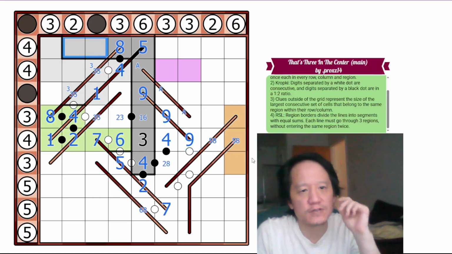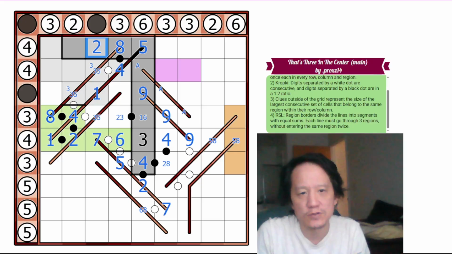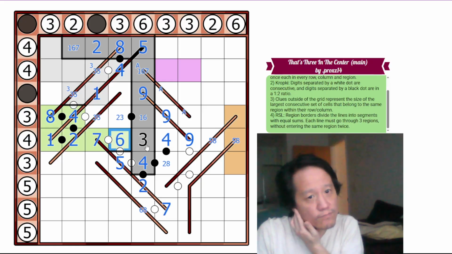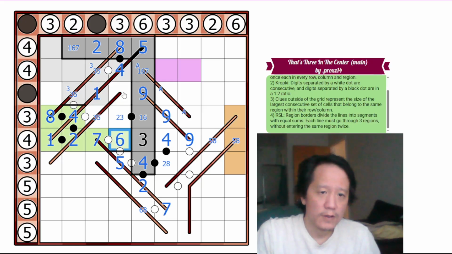2 has to be one of these digits, and it cannot be here, so this is 2. That leaves 1, 6, and 7. We have the remaining digits in the medium gray. We have 1, 2, 3, 4, 5, 6, 7.